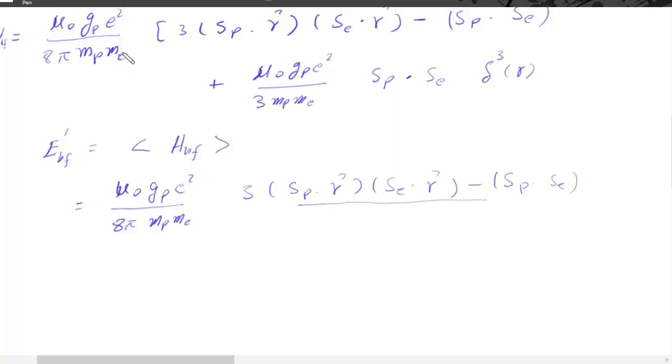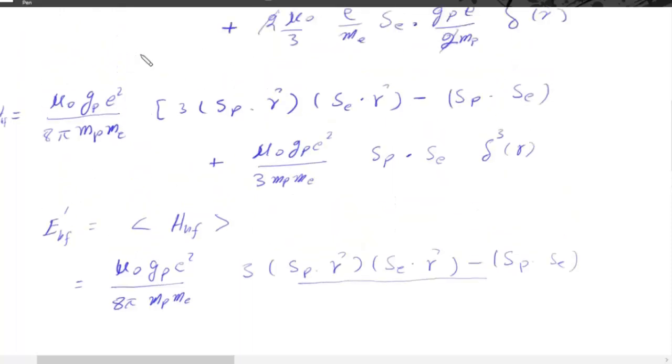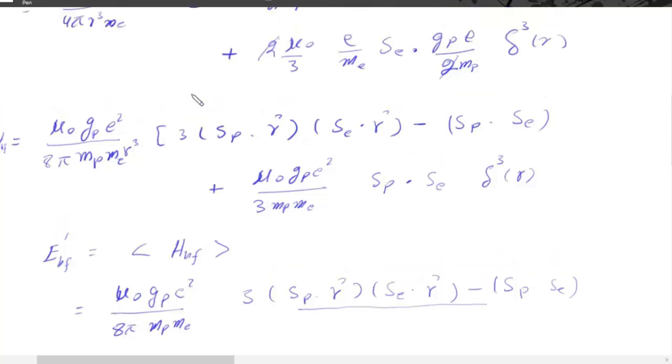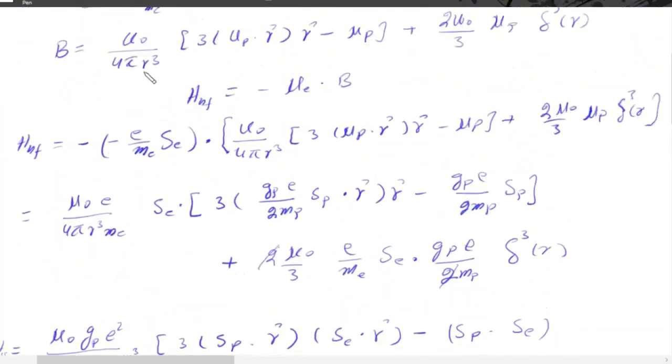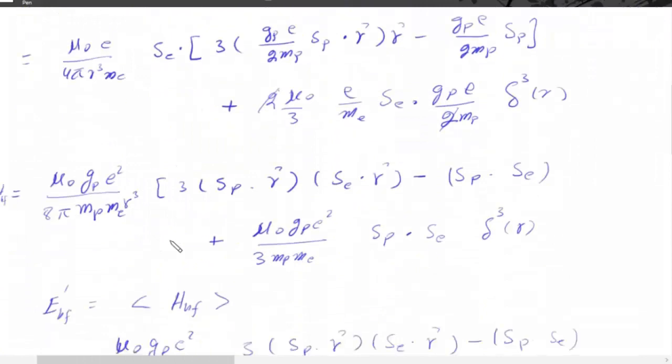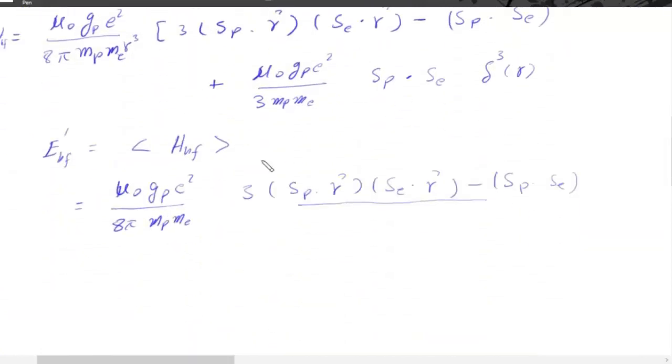Here we write r^3. The r^3 has remained here, let us look here, this is r^3, and then we take the expectation.